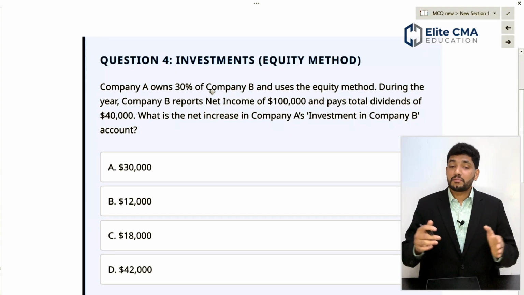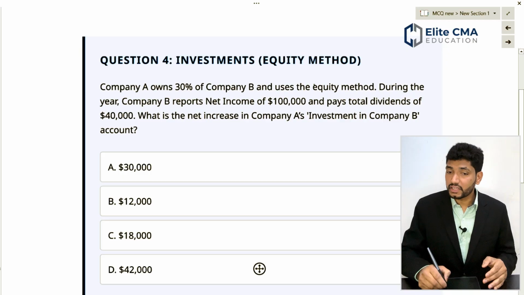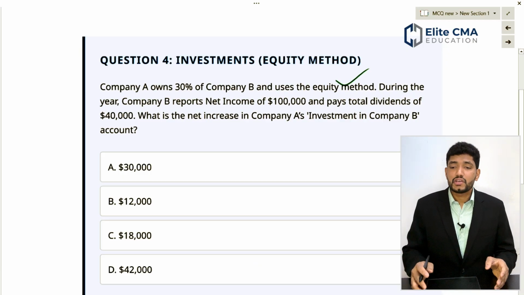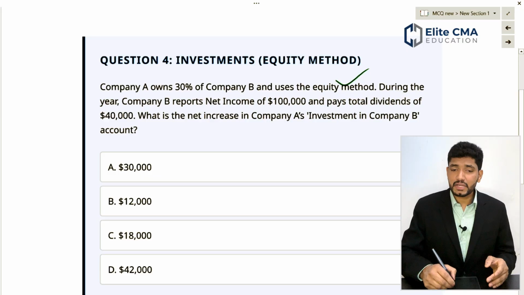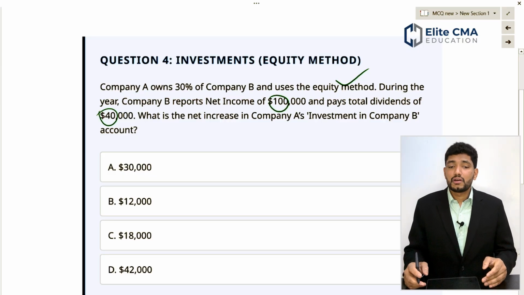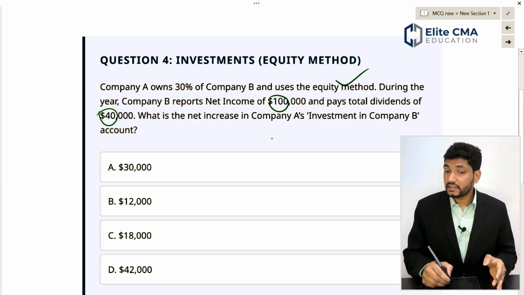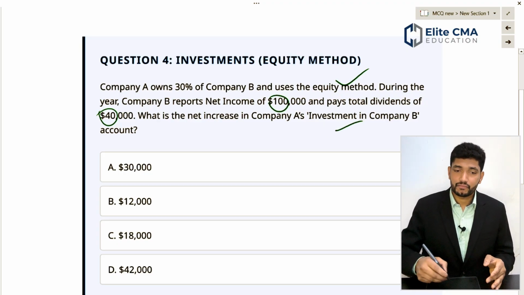Let us move into question number 4. A company owns 30% of company B and uses the equity method. During the year, company B reports net income of 100,000 and pays total dividend of 40,000. What is the net increase in company A's investment in company B's account?